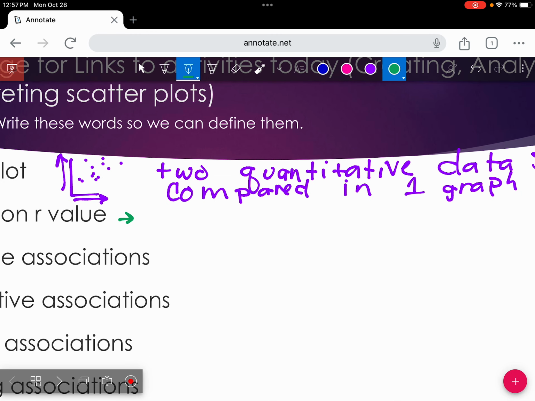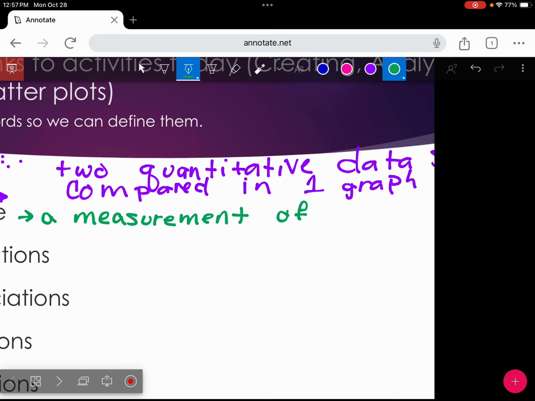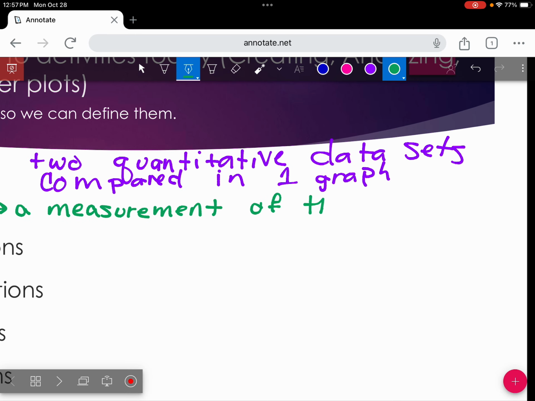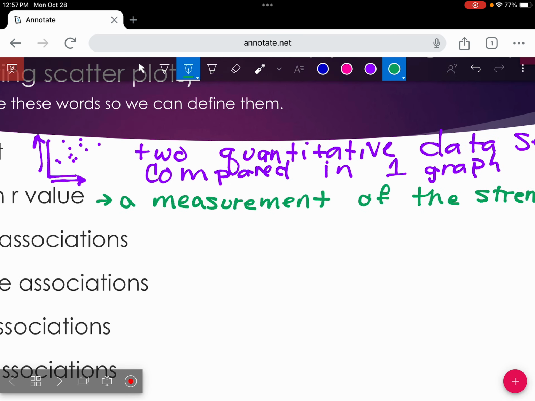This is a measurement of the strength of the relationship.